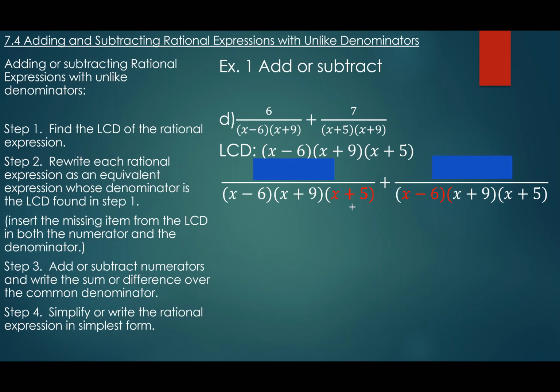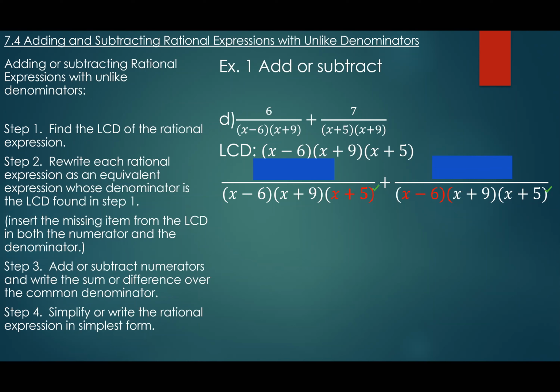That's the goal of finding the LCD: your denominator is your new LCD now. Why? Because they are exactly the same. x minus 6, x plus 9, x plus 5 on one side, x minus 6, x plus 9, x plus 5 on the other side. They are exactly the same.